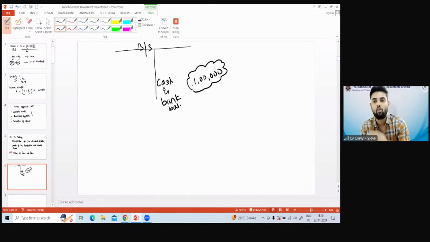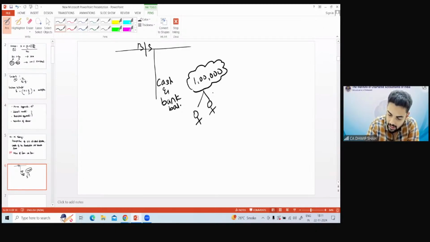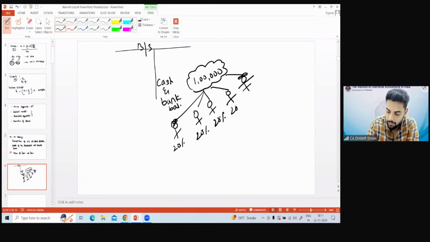And can I say the owners of the company, the ultimate owners of the company, are the different equity shareholders? Yes or no? Correct? They are the ultimate owners of the company, meaning they hold the ultimate ownership of all the assets and liabilities.